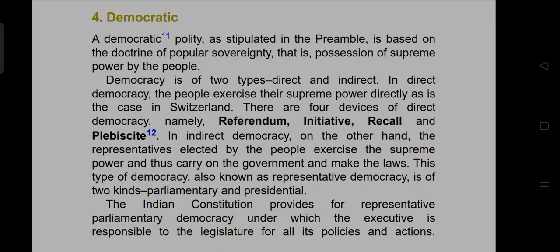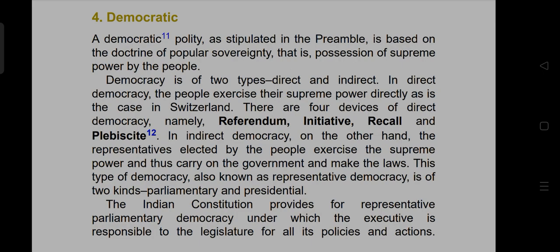In Indian democracy, on the other hand, the representatives elected by the people exercise the supreme power and thus carry on the government and make the laws. This type of democracy, also known as representative democracy, is of two kinds, parliamentary and presidential.